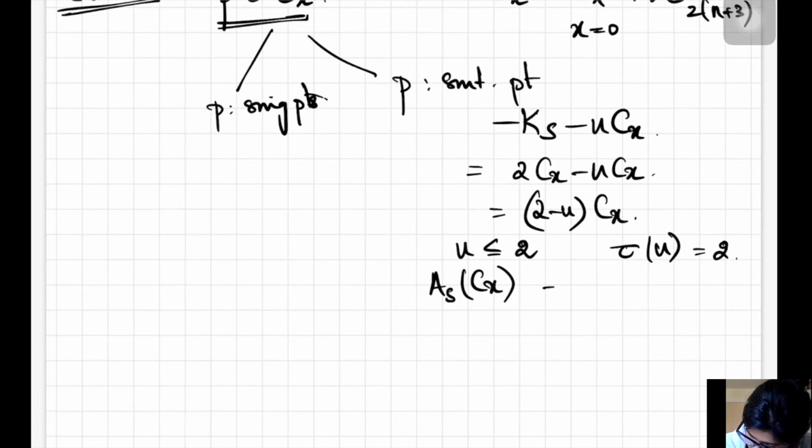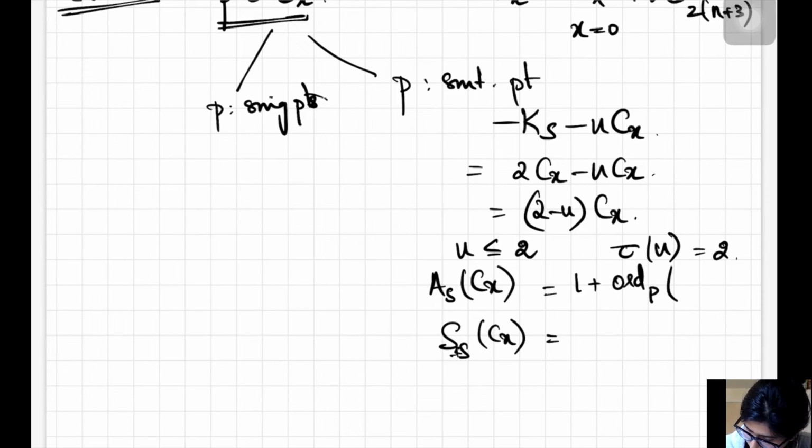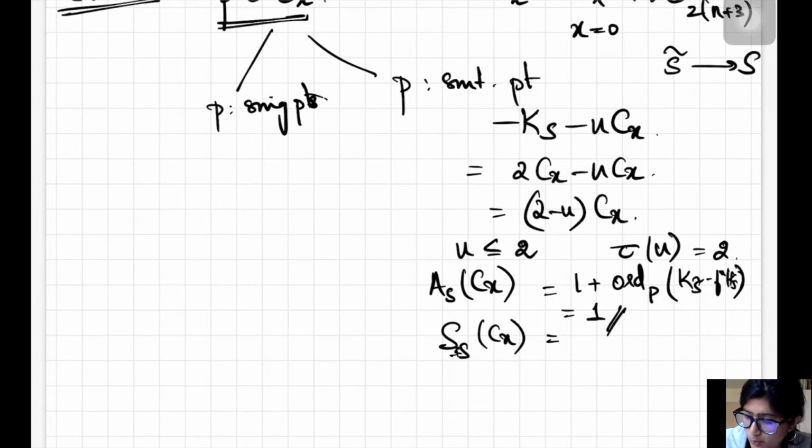of your curve Cx, and you need S of your curve. A_S is 1 plus the order about the point when you have a birational morphism. So this is just 1, because you're not working above your surface, you're working on your surface.